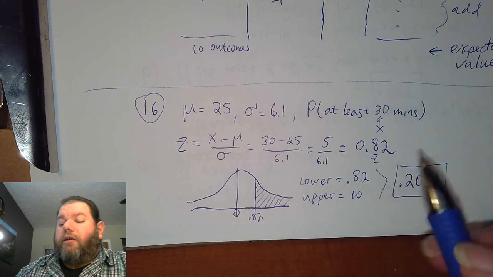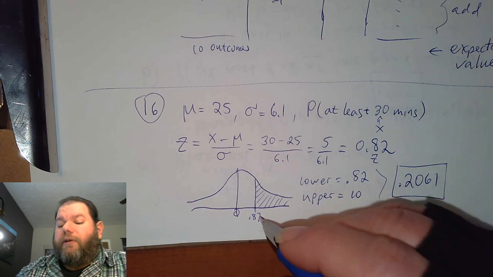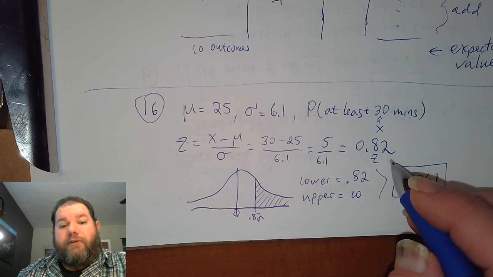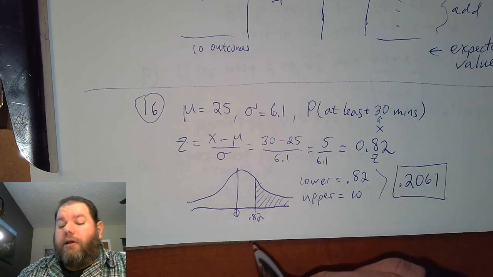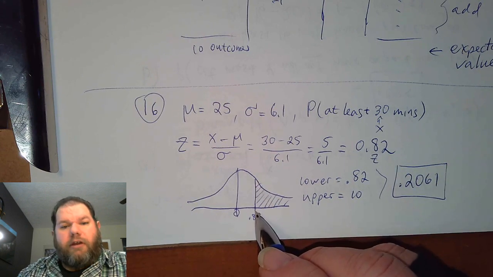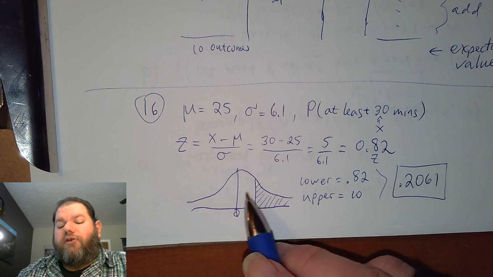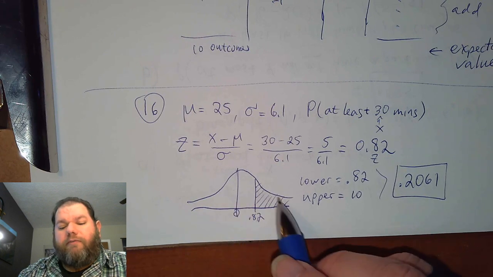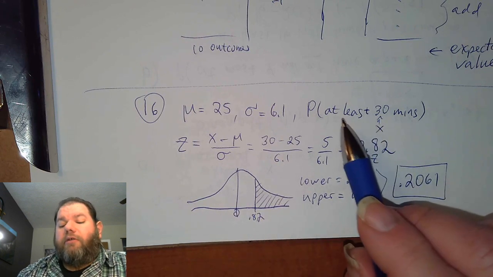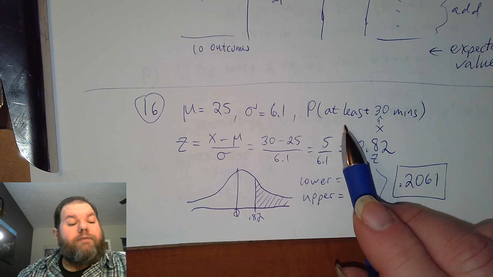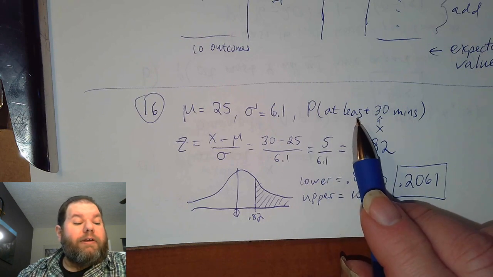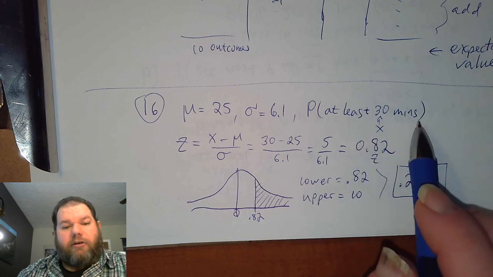Okay. Now, we found 0.82 as our z-score, Ashlyn. So we know that we have this as kind of a key point. The question is, which side do we shade from that 0.82? When we look at our probability, we're looking for the probability that at least 30 minutes is spent commuting.